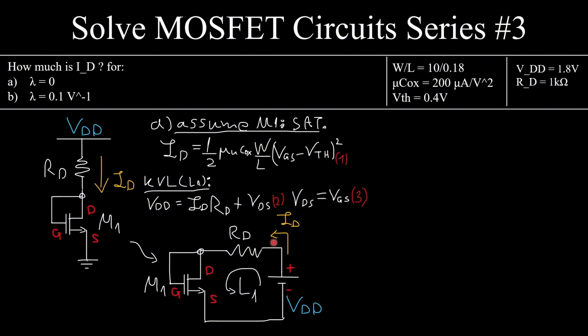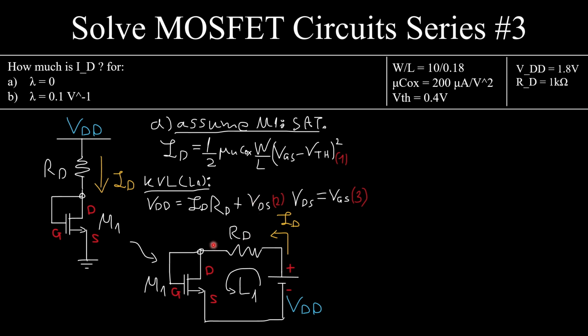So current flows inside the resistor, and if you don't remember it, it's okay, time to refresh your memory. So this is supposedly the positive terminal over here: ID RD on this side of the equation, plus VDS. VDS is VD minus VS, so it enters the positive terminal.